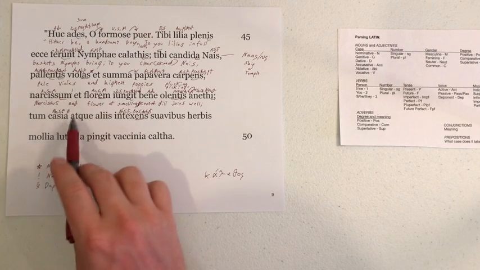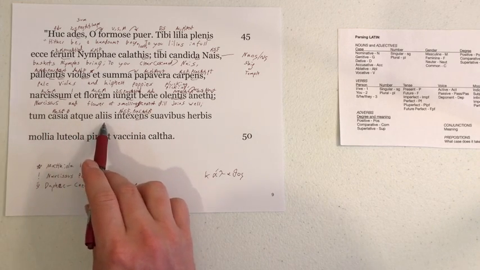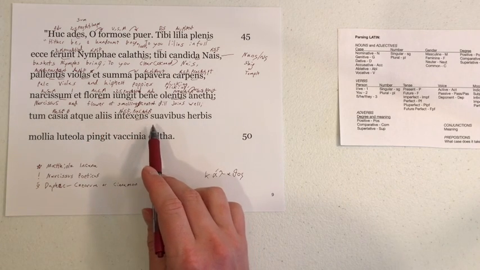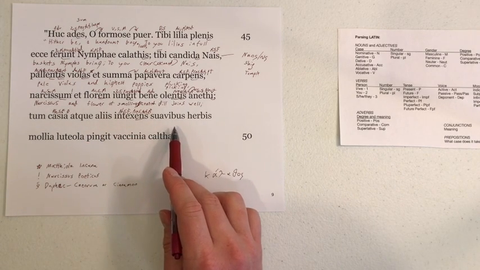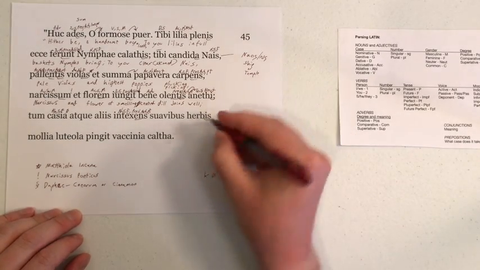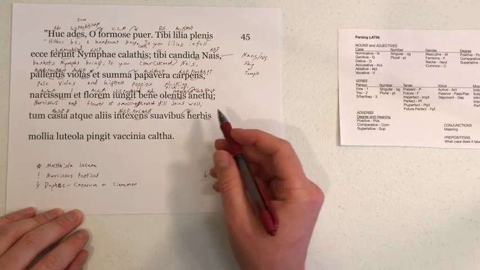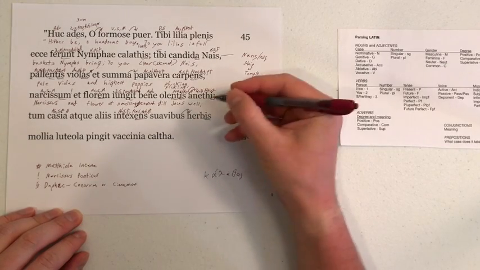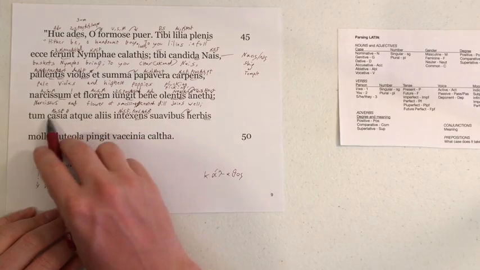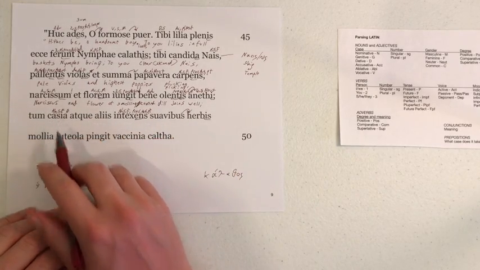So instead we've got some ablative function, but we've got an atque joining cassia with aliis, and therefore also with suavibus, and then herbis with is as the subject of that. This is herba, herbae, so we've got a dative or ablative plural feminine. Atque joining with cassia tells us that it needs to be an ablative so that it will be the same function as cassia there.